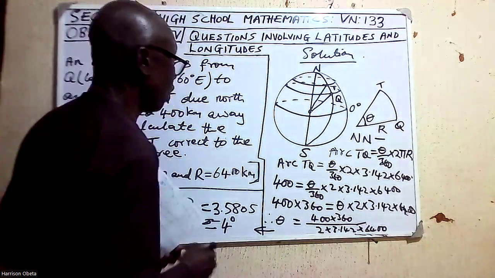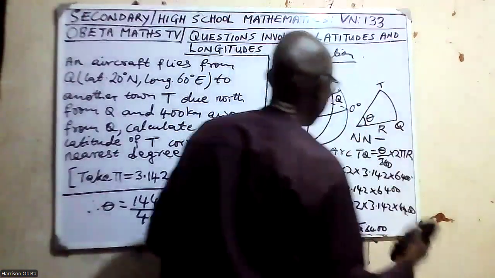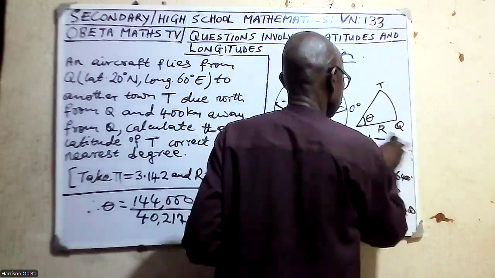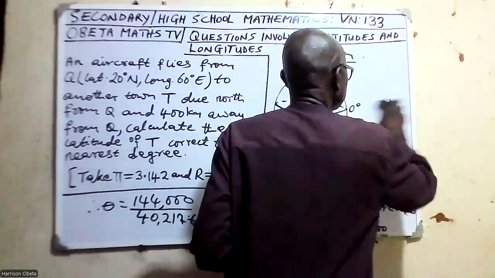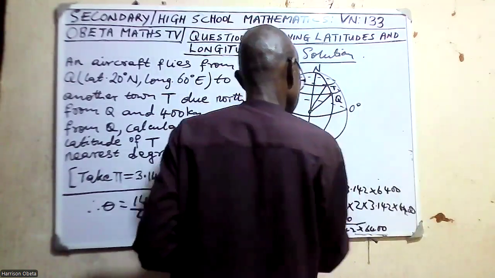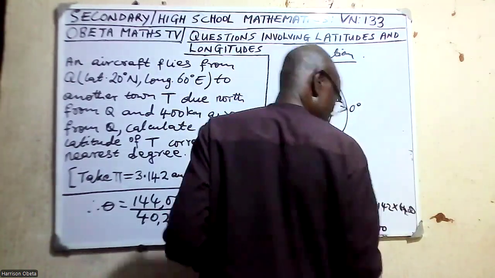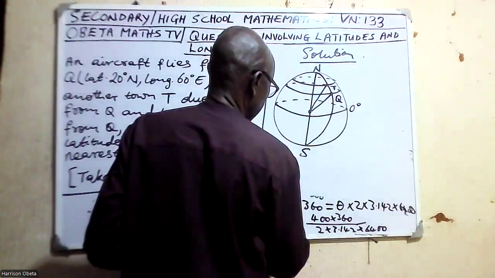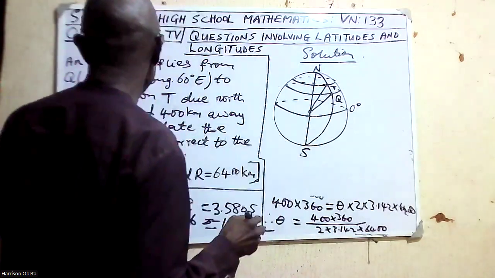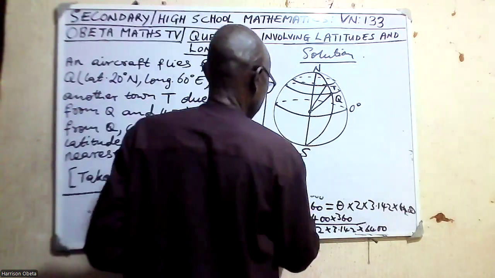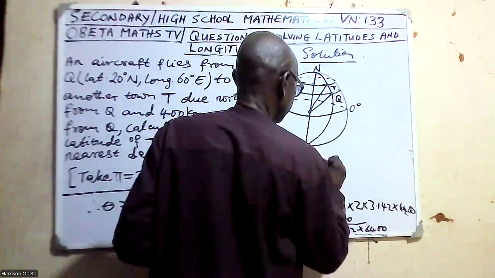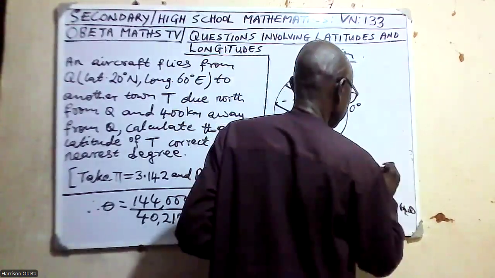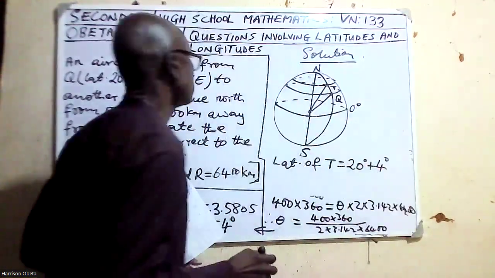So, moving on, we clean some parts here. Then we have to calculate the latitude of T. Latitude of T equal to 20 degrees plus 4 degrees.